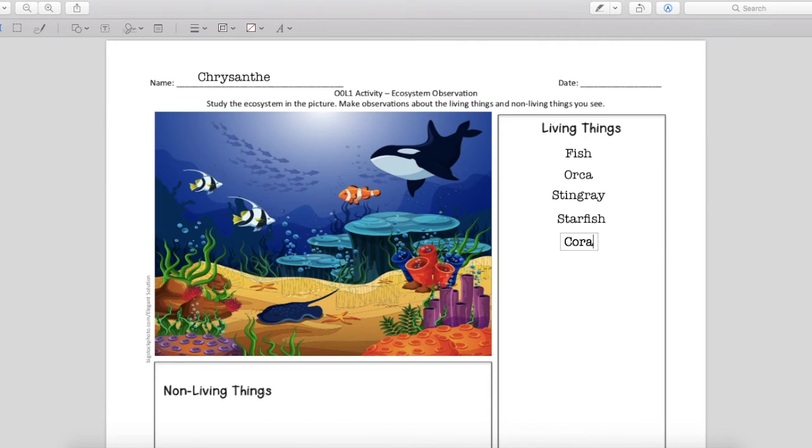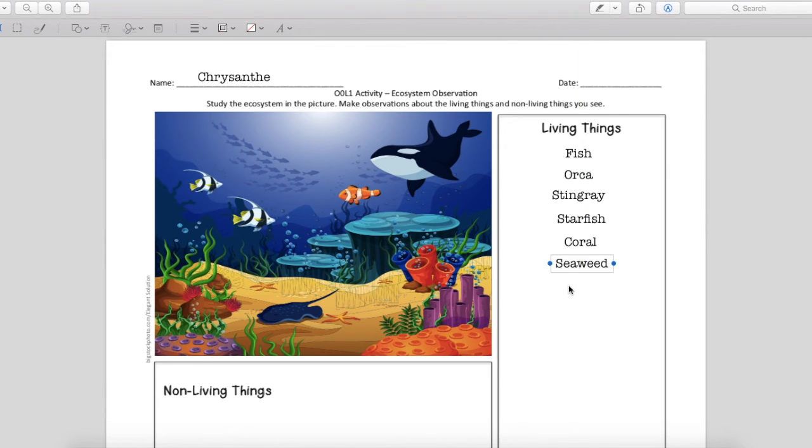Now, if you see any other animals that I missed, you can go ahead and add those here, but I'm going to move on to some of the plants that I see. So all along this bottom, it looks like some seaweed. So I'm going to go ahead and add seaweed.